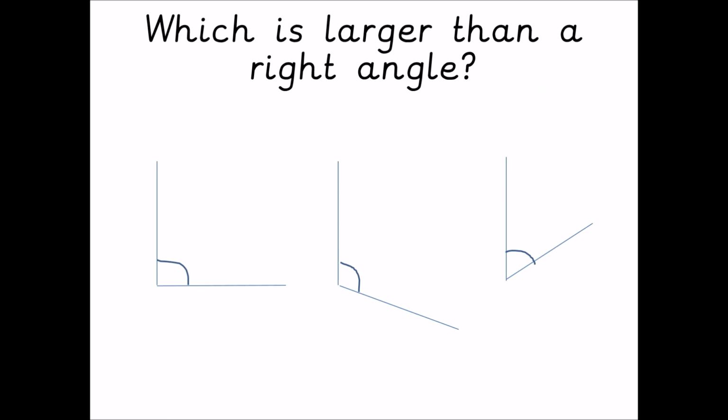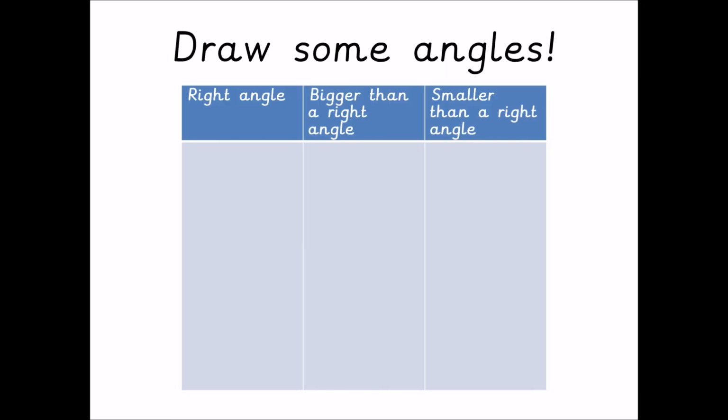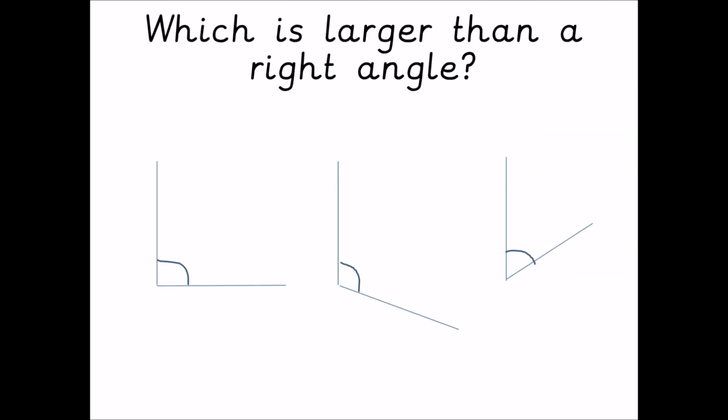Okay, hopefully you've done your angle drawings now. I'd like you to tell me which one of these is larger than a right angle. One of them is a right angle, one of them is larger than a right angle, one of them is smaller than a right angle.